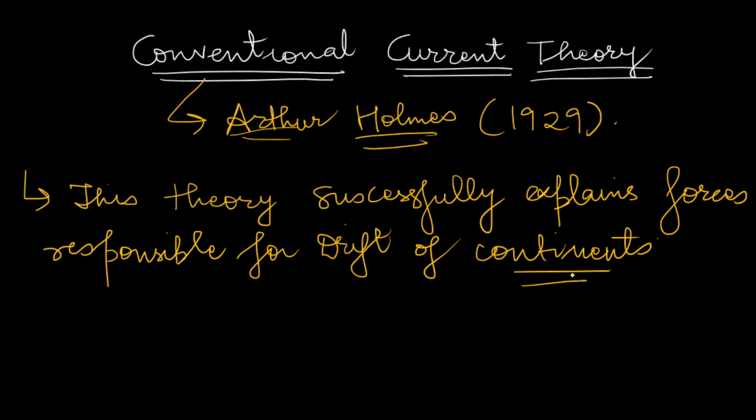For most geography experts, the polar fleeing force and tidal force do not create that much force to make the continents drift apart. So that was one limitation of continental drift theory, which is covered by this theory, which explains the forces responsible for drift of continents.